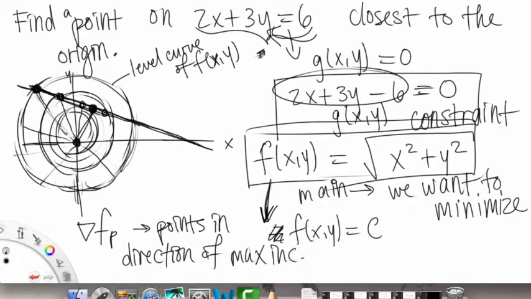So graphically, let's say we're starting at this leftmost point here, okay? To get to the next level curve, we would point straight at it, right? So this would be our gradient of f at that point. Now, once we move, let's say here, since we're still on that line, sorry if the graph is a little messy, it changes direction as we move along the line.